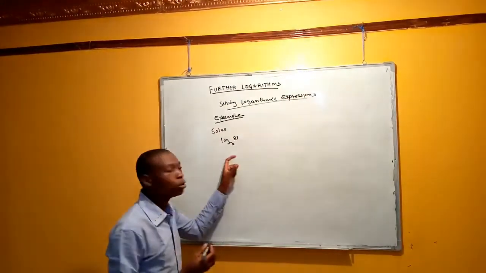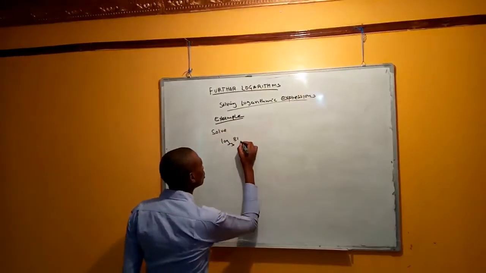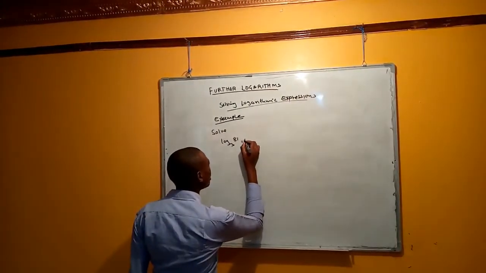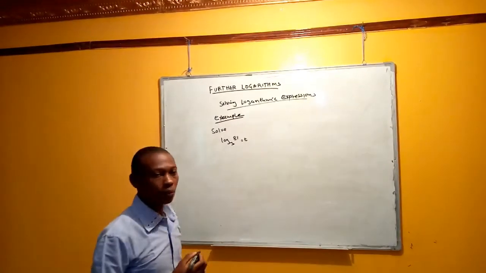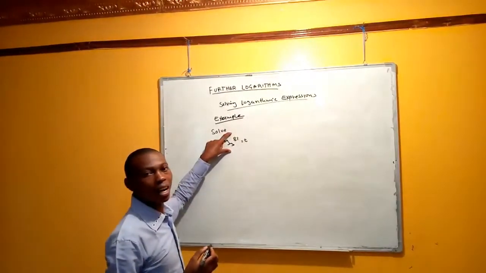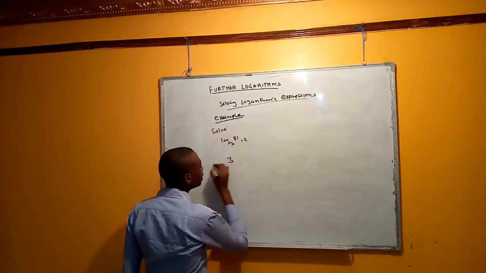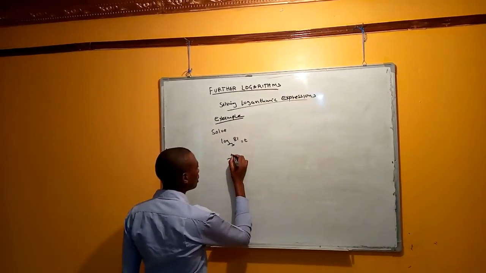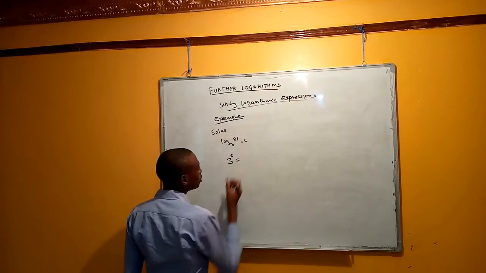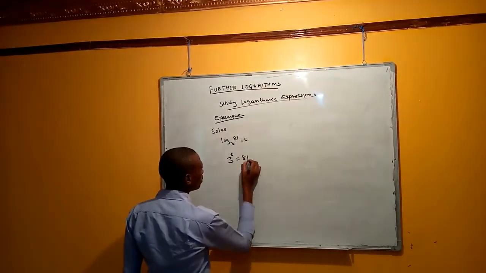So the first thing you do, you just need to introduce an equal sign. You say this is equal to t. Now you can write this in index notation. So the base remains 3, 3 raised to power t is equal to 81.